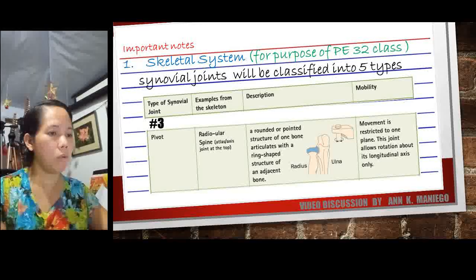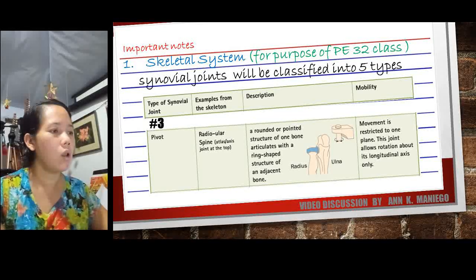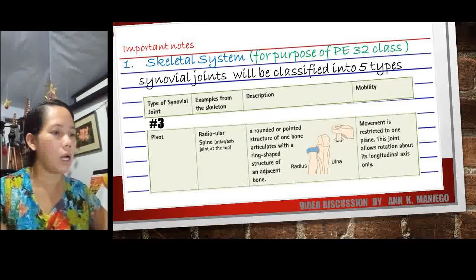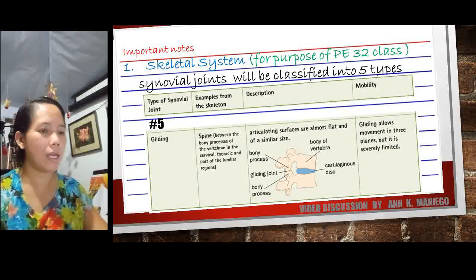So nara diri imong radius og si ulna. Okay, movement is restricted to one plane. This joint allows rotation about its longitudinal axis.